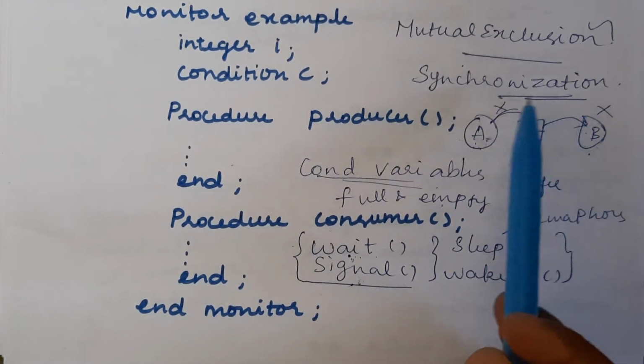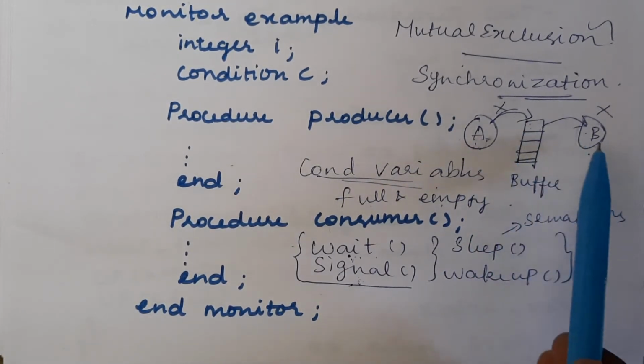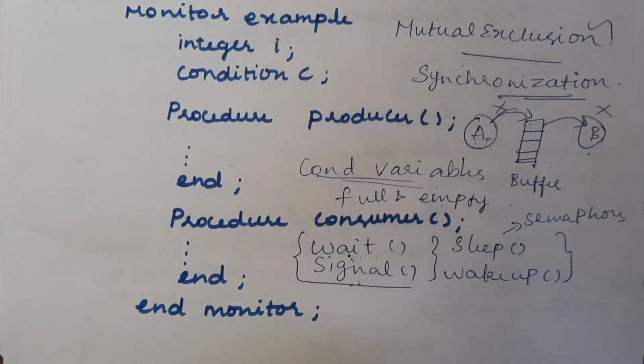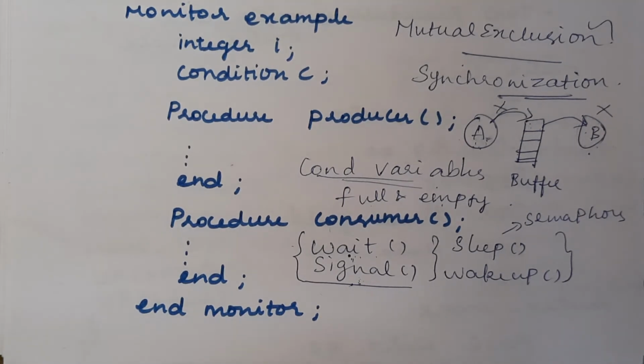After performing the signal operation, we should decide whether this consumer process will continue its execution or be blocked, because, as I said, whatever we have under the monitor should be used by only one process at a time.